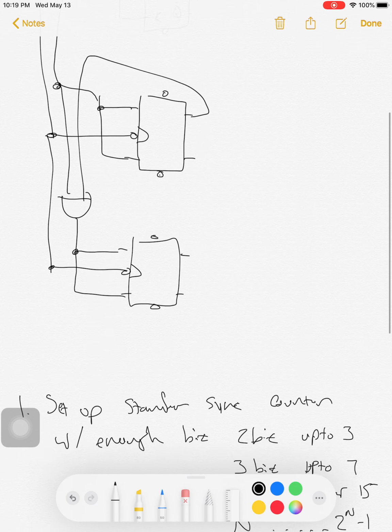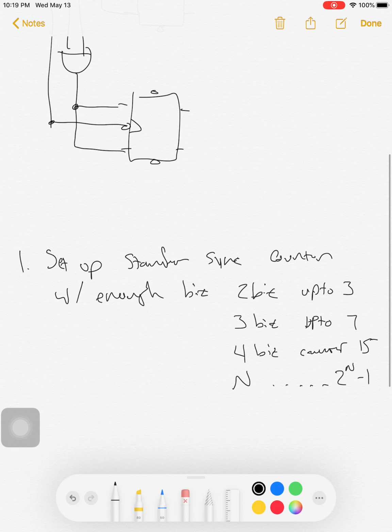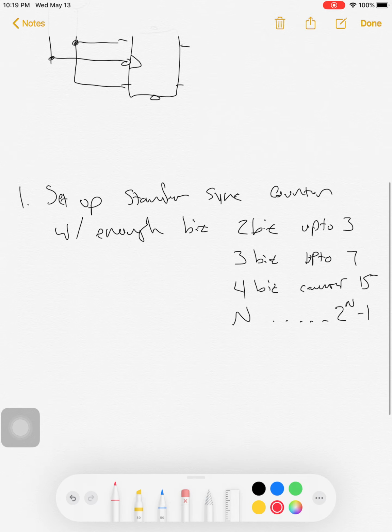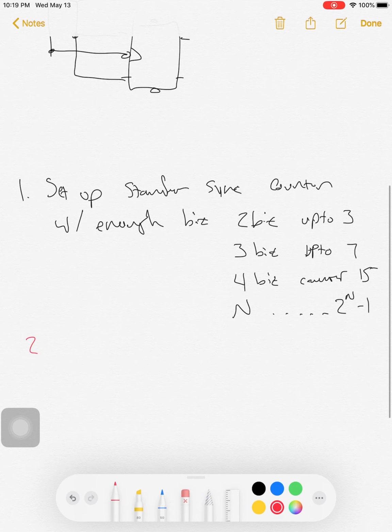Our next step, and we're going to do this one in red, is based on the count. So let's say for our example, we're going to count from 3 to 5.